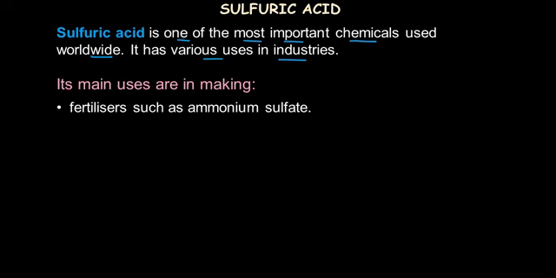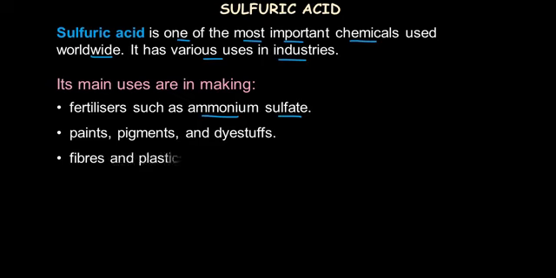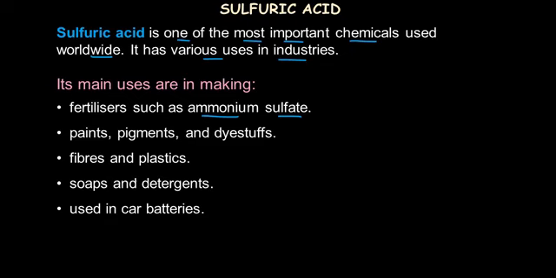So the most important use is making of fertilizers like ammonium sulfate, and the next use is it's also used in paints, pigments and dyestuffs, also used in fibers and plastics, soaps and detergents, and one of the most important uses is in car batteries, where sulfuric acid is directly used to produce the power for the cars.